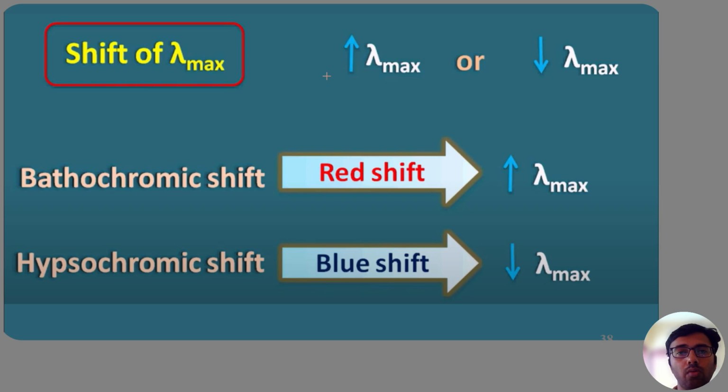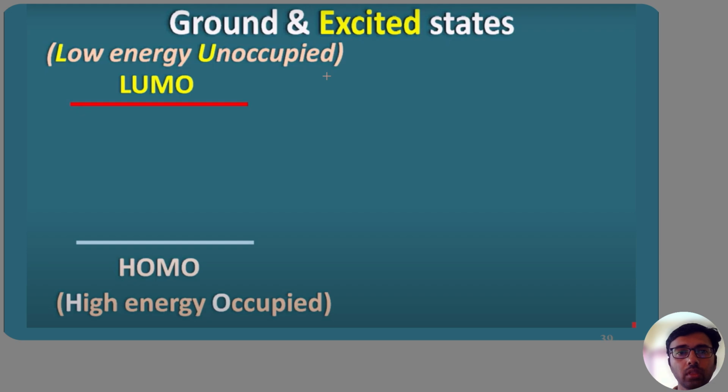To understand why these shifts occur, we must examine molecular orbitals. In a molecule at the ground state, electrons occupy quantized energy orbitals. The highest energy orbital that still contains electrons is called the HOMO, the highest occupied molecular orbital.